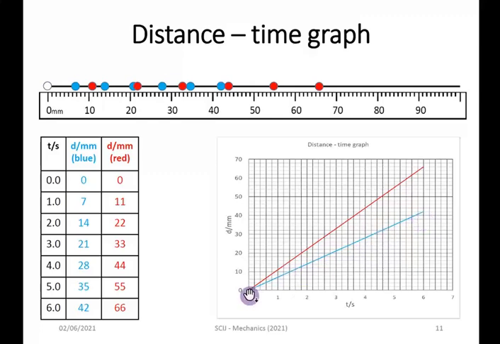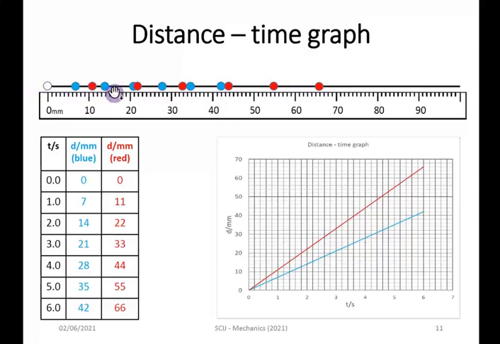They all started from the origin, and the distance from the origin kept on increasing until it got to the maximum distance for the blue and for the red within the same time period, which is 6 seconds. Now we can conclude that the red particle was moving faster than the blue.